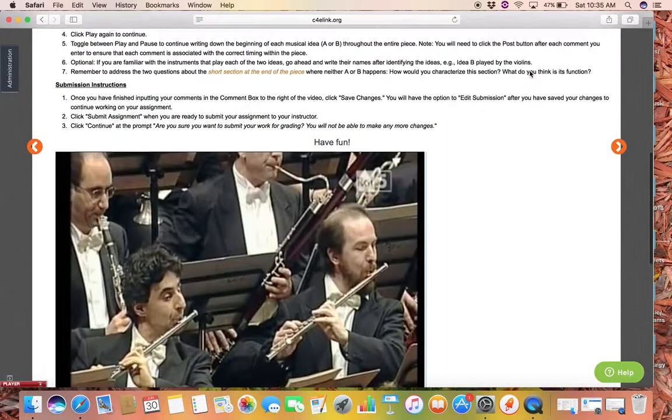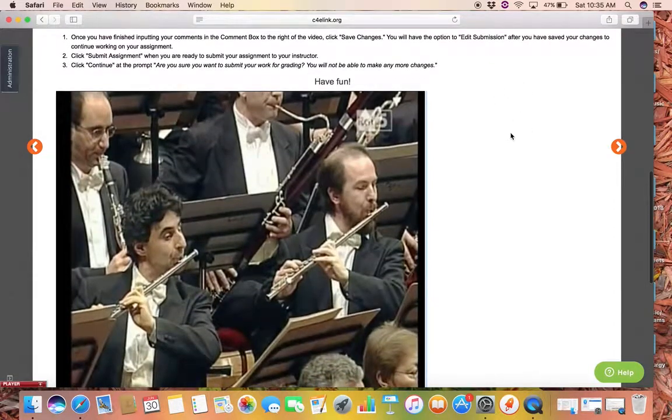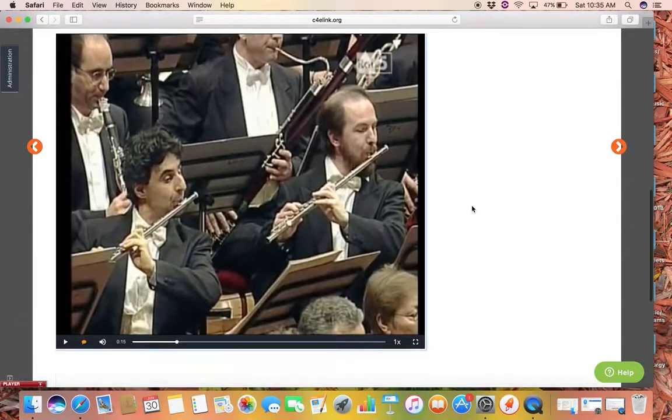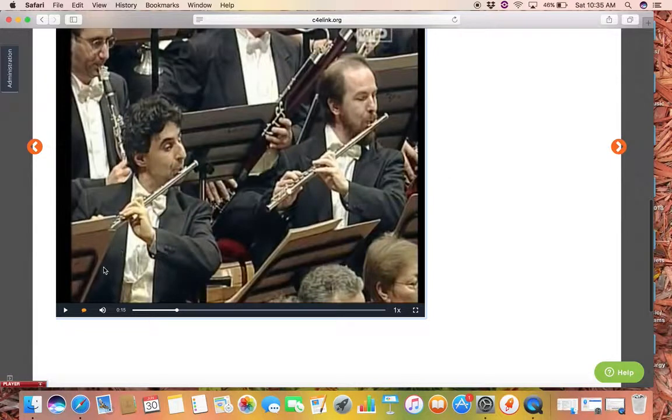So you'll go to this comment box and you'll say idea A, and played by, if you can recall, the bassoonist continued, and it was joined once the idea began. The melody was played by the oboes. So the oboes joined in, and with a little help from the violins. So let's continue.